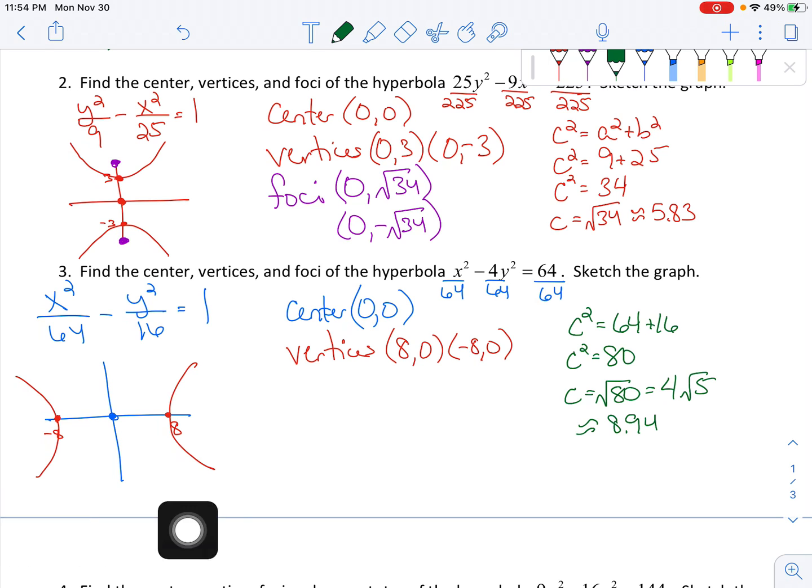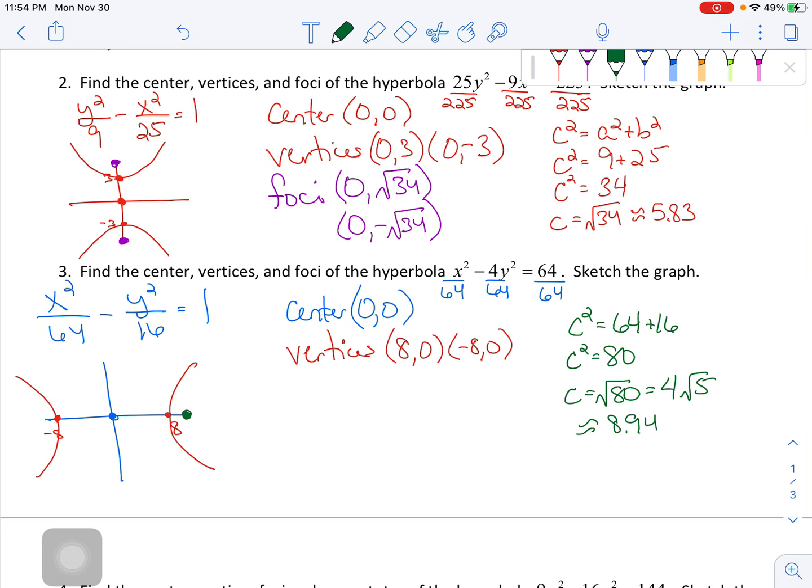There we go, 8.94. Now, it's not particularly helpful with this problem to get this particular number, other than to know that because from the center to the vertex is our a value, and our c value needs to be larger than that.